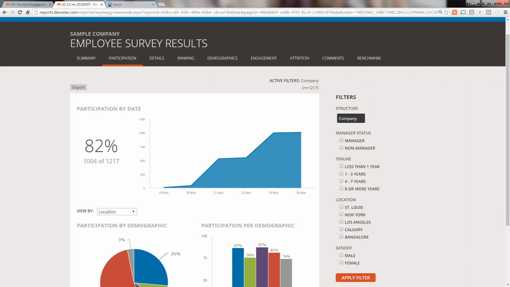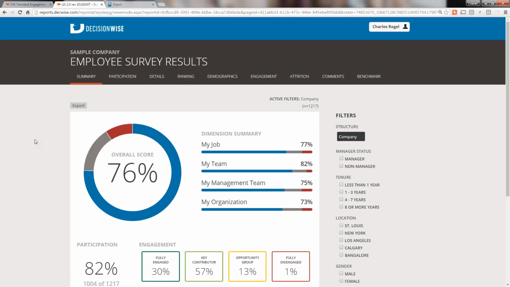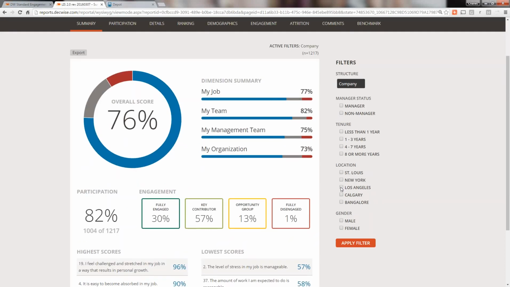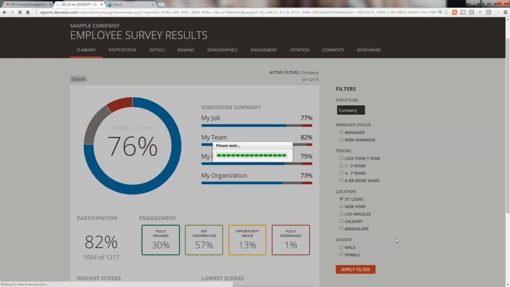Well, what you're showing here is really what we would call our analyst view. The reason we call it our analyst view is because you'll notice on the right-hand side you have a whole lot of different filters. So as you're looking at the results, you can start comparing how different locations responded, how different tenure groups responded, and what's powerful about it is you begin to form a narrative, a story.